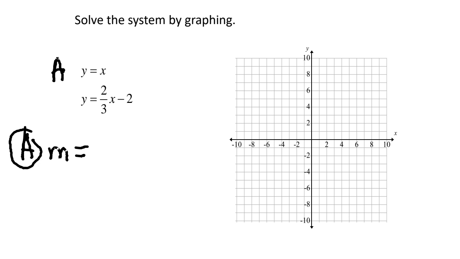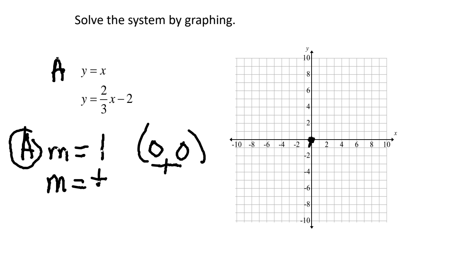My y-intercept is 0, 0. Plot this point right here. That's my black dot. Now, my slope is a positive 1 over a positive 1.